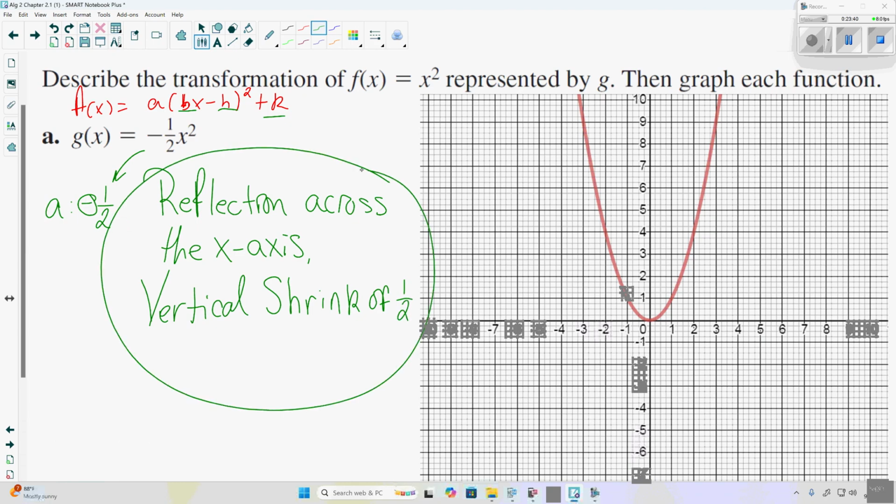And that's it. The negative told us we had a reflection. The 1/2 told us we had a vertical shrink of 1/2. So the negative out of the number would be a reflection. The negative in that spot is a reflection. That's all it's telling us. The number tells us the stretch or shrink. Are you ready for the next one? Yep.